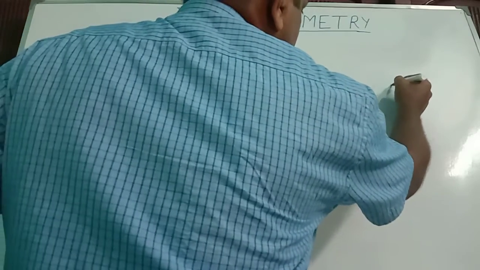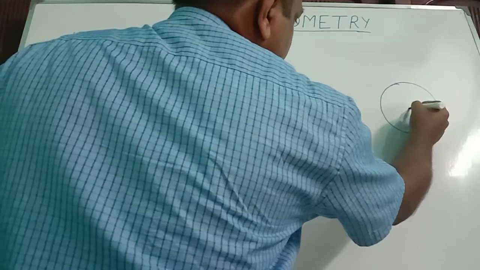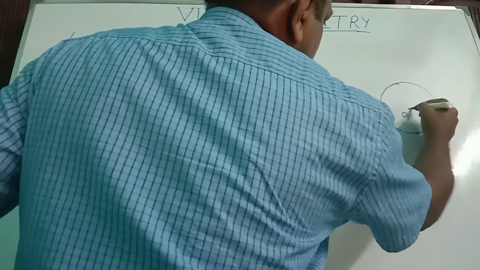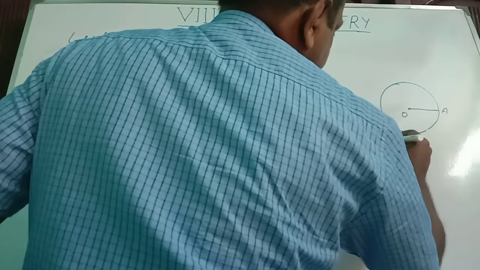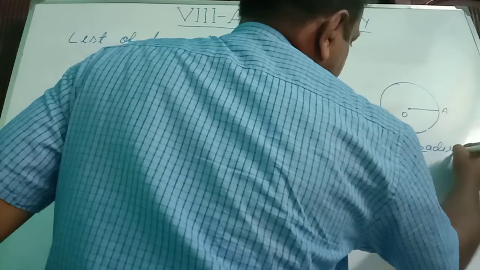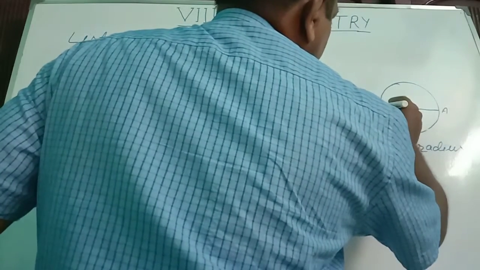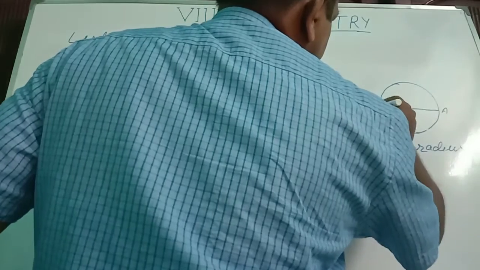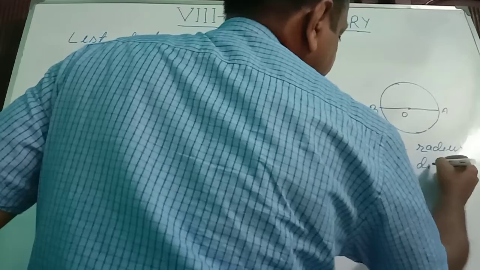This is a circle with center O. If we join this, OA is the radius. And if we produce this side, then AB is the diameter.